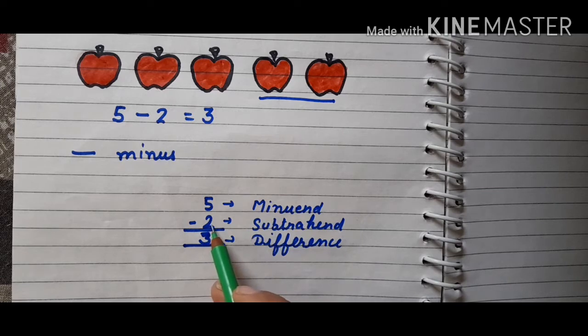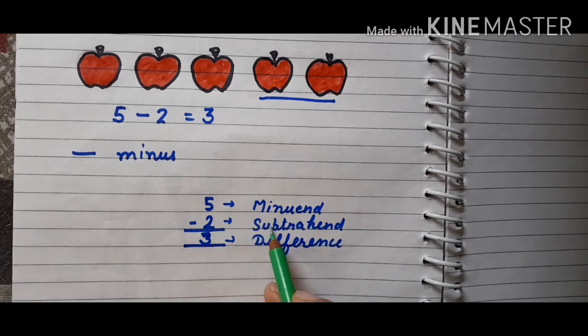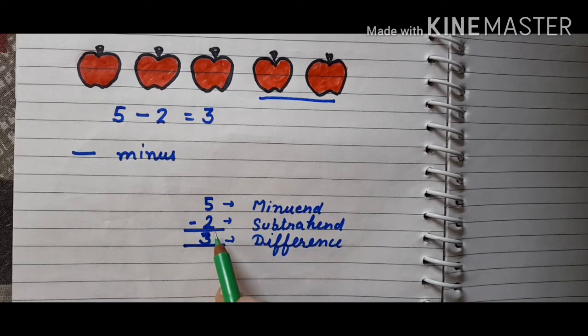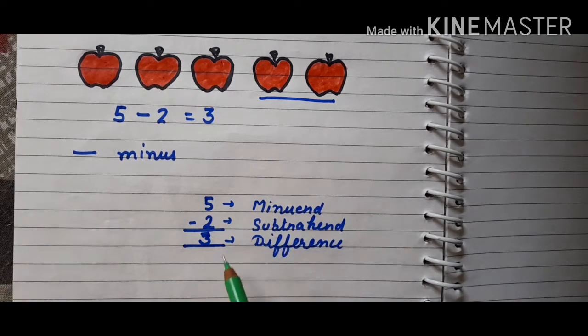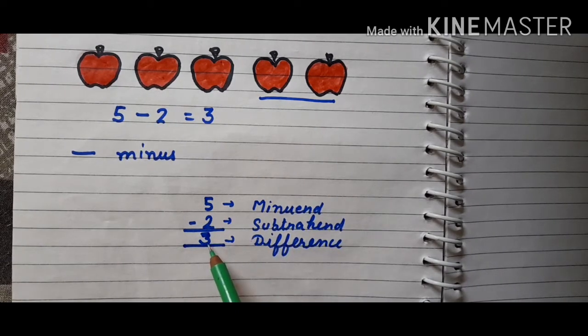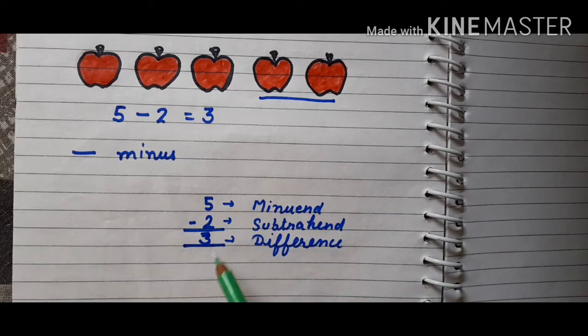Next number is 2. What is 2 here? The number being subtracted is called subtrahend. And now we have one more number here. Here we have 3. So what is 3 here? The new number left after subtracting is called difference.